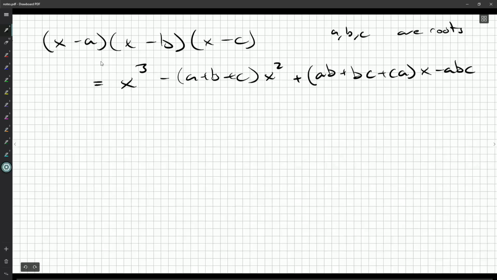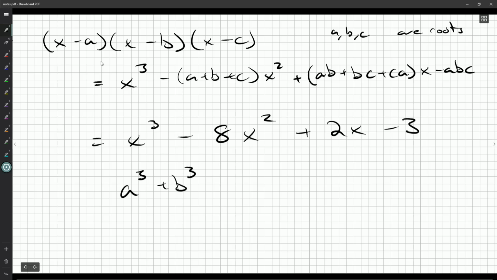And using the coefficients, there's a nice way to match up the coefficients here. There's 8x squared, I think it was plus 2x minus 3 or something like that. But you can actually use the 8 and the 2 and the 3 to start solving for any symmetric expression like this in ABC, which is really kind of cool.